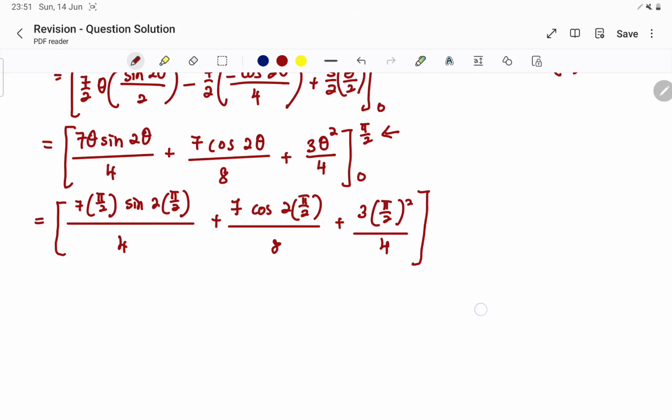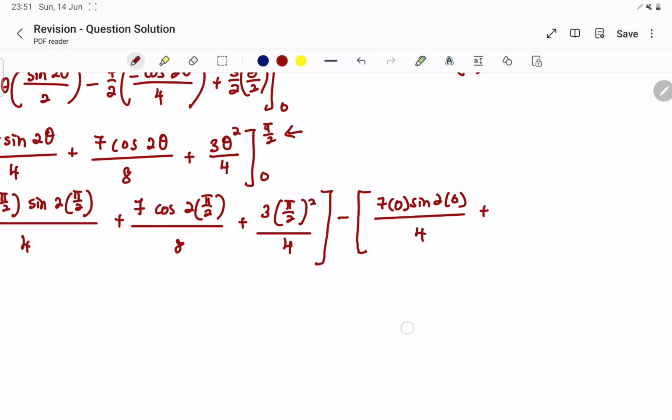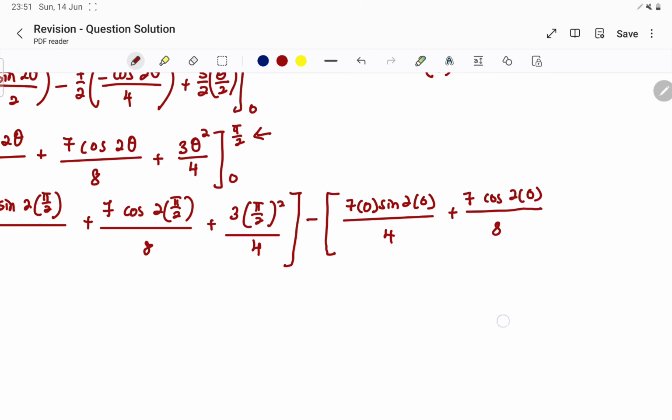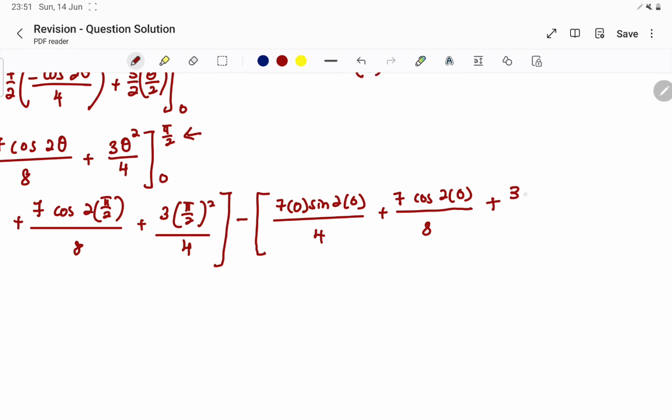Okay, and then minus 7 multiplied by 0 sin(2 multiplied by 0) divided by 4, plus 7 cos(2 multiplied by 0) divided by 8, plus 3 multiplied with 0 squared divided by 4.